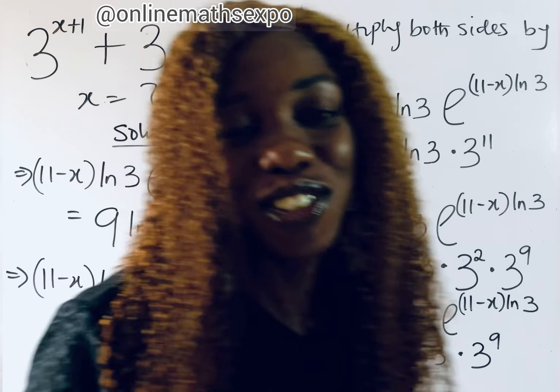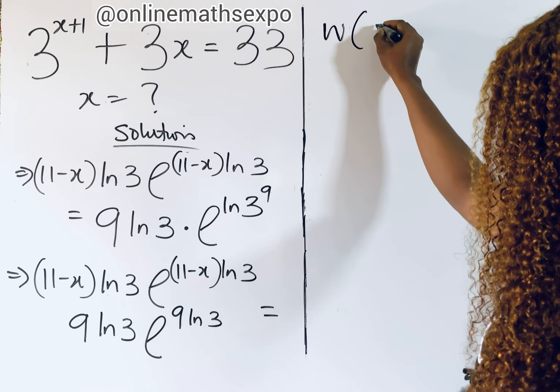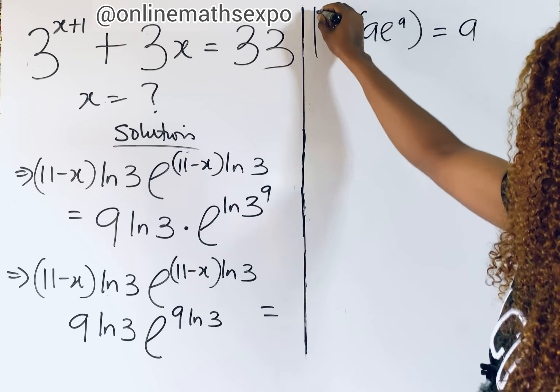So you are free to introduce the Lambert W function. So we take the Lambert W function, for every a e to the power of a, the result is a.